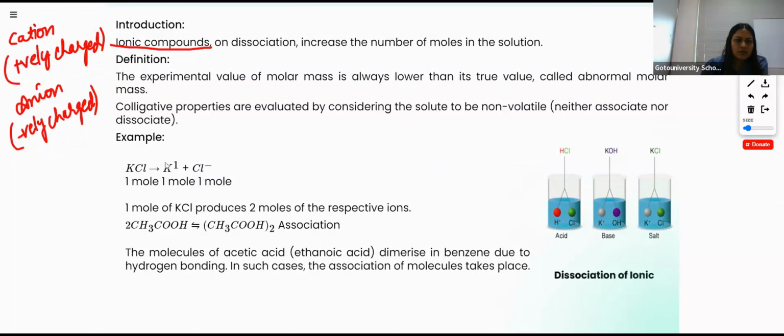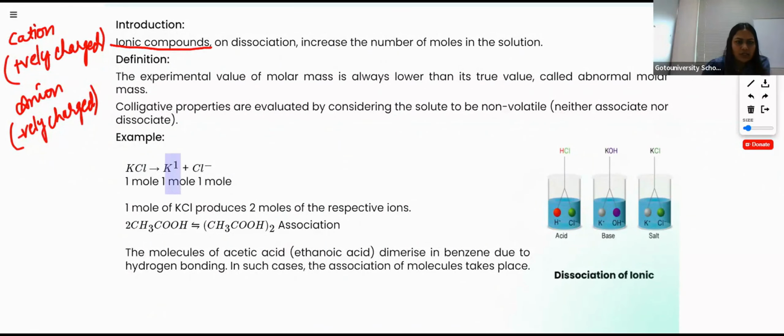So if we calculate their molar mass, the experimental value will be lower than its true value. The molar mass of KCl here is given as 1 mole.